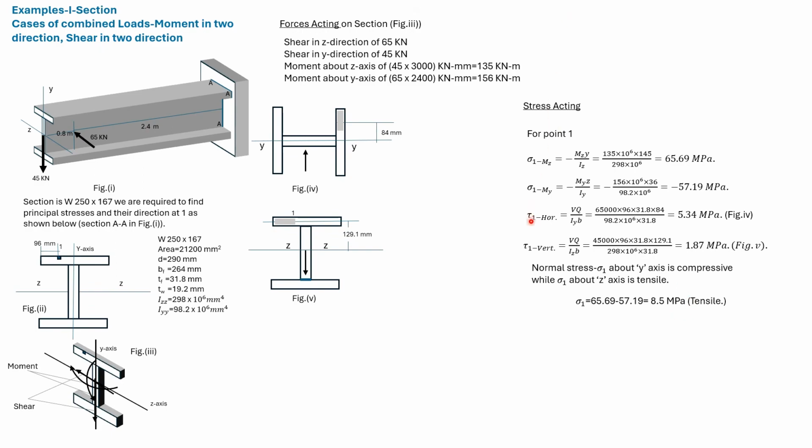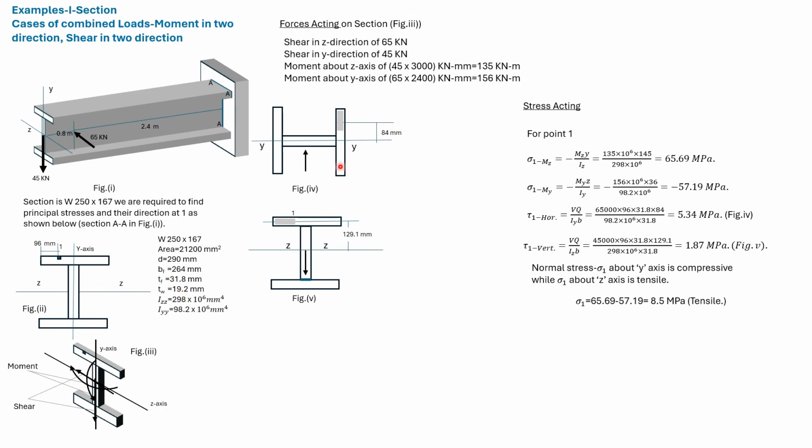We now find the shear stress. We first find the shear stress due to this horizontal load. So Q here has to be found for this shaded portion, whose length is 96 millimeter. This total distance is 132 millimeter. We find the distance of the centroid of the shaded portion to be 84 millimeter.